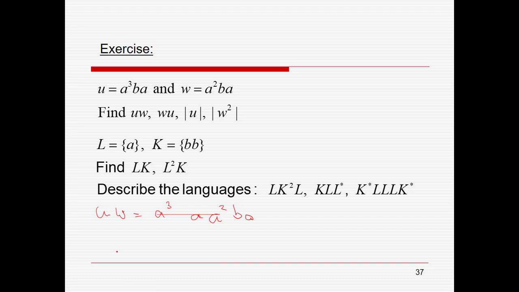Okay, if we look at WU, then we know that concatenation is not commutative, so we will get a different word. So that would be A square, BA, AAA, BA, which is definitely different.